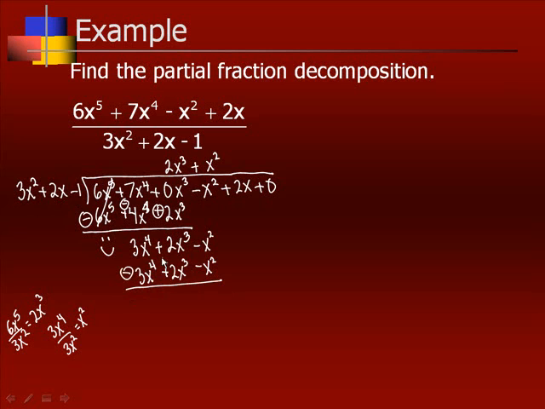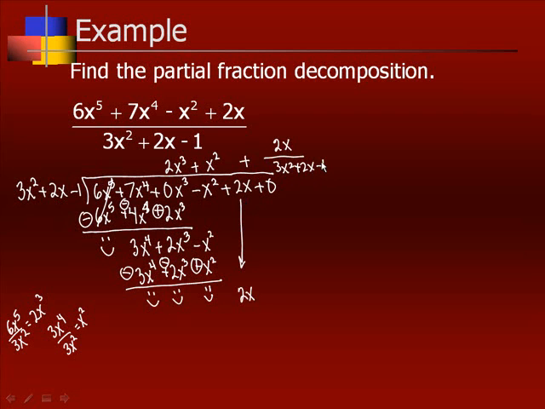Subtract, that goes to a minus, that goes to a minus, that goes to a plus. Now in this case, those cancel, and those cancel, but we've still got this 2x out here. So what that means is we've got a remainder of 2x over 3x squared plus 2x minus 1.